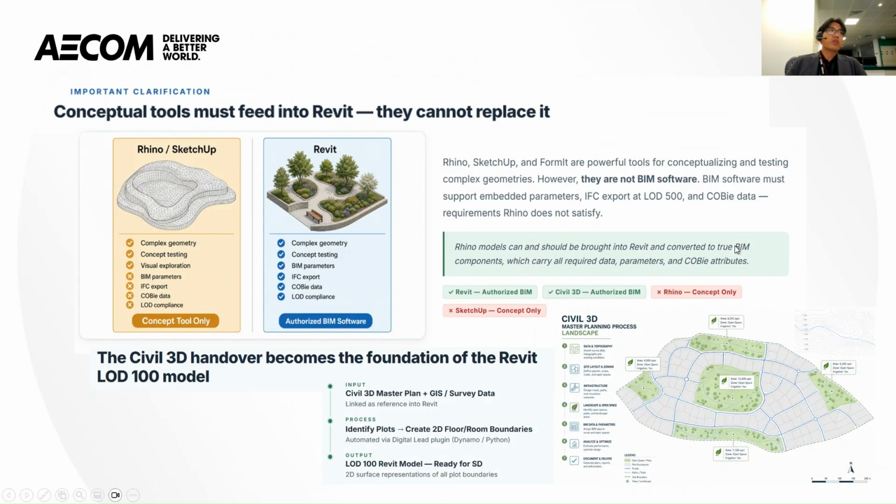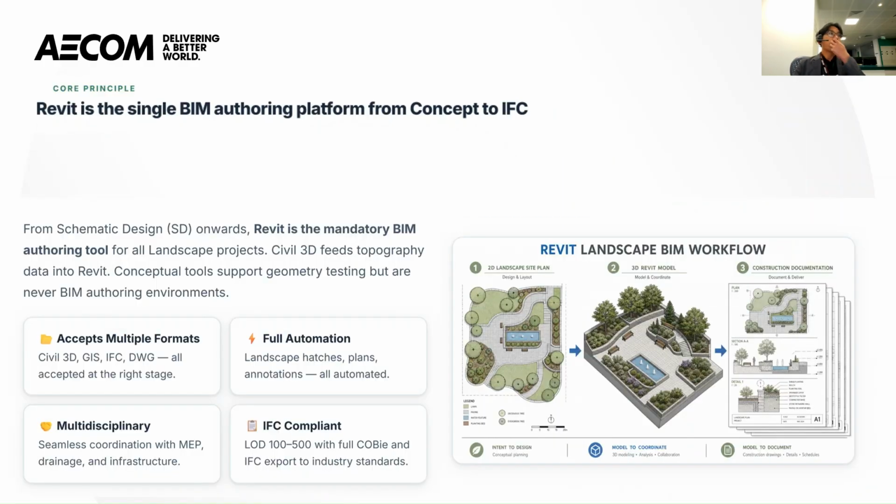Our strategy is that no matter what concept tool we are using, we still must fit into Revit, which cannot be replaced. Even if we are working in Civil 3D, the Civil 3D handover becomes the foundation of Revit LOD 100. Revit is the single BIM authoring platform from concept to IFC.